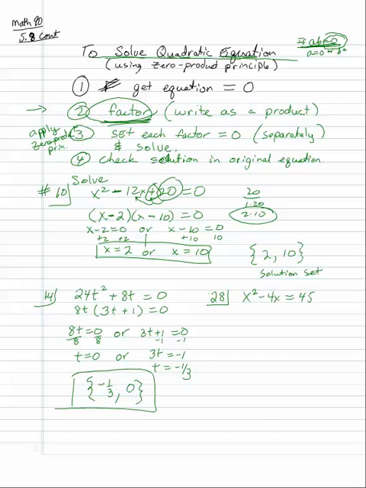Okay, so 28. So again, our first step is get it equal to 0. So you're going to subtract 45 from both sides. Or just remember the shortcut. You're going to just move the 45, change the sign. Okay. Now I want factors of 45 that subtract to 4.